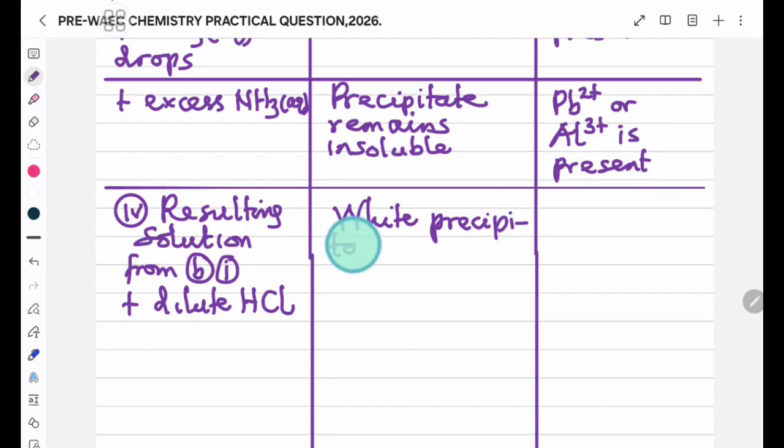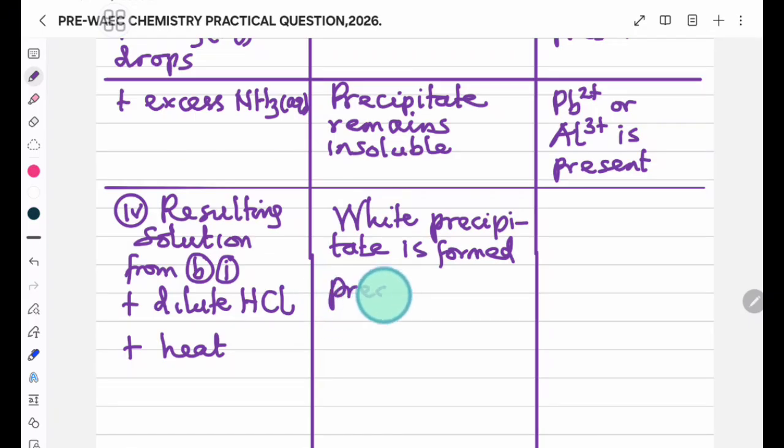On adding dilute HCl to the solution, a white precipitate is formed. Now, when you heat gently, the white precipitate will disappear, will dissolve.